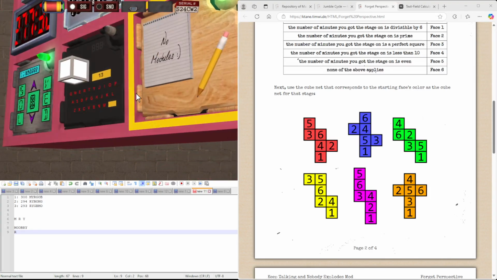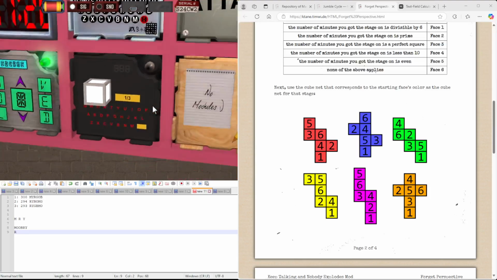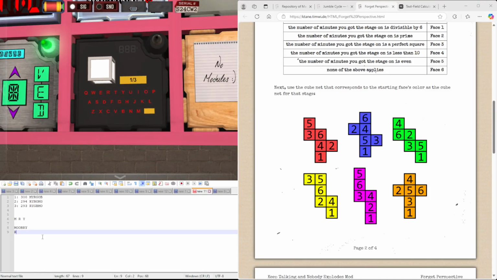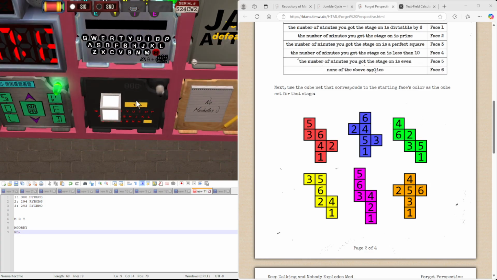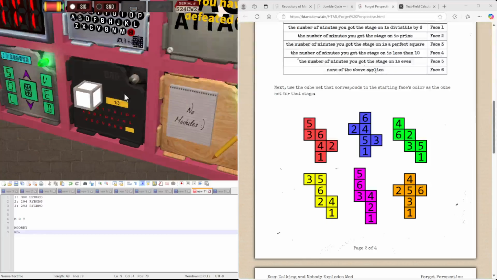The 1, 2. The 1, 2, 3. The 3. The B. 4th one is the one above, which would have been 1, 2, 3, 4.